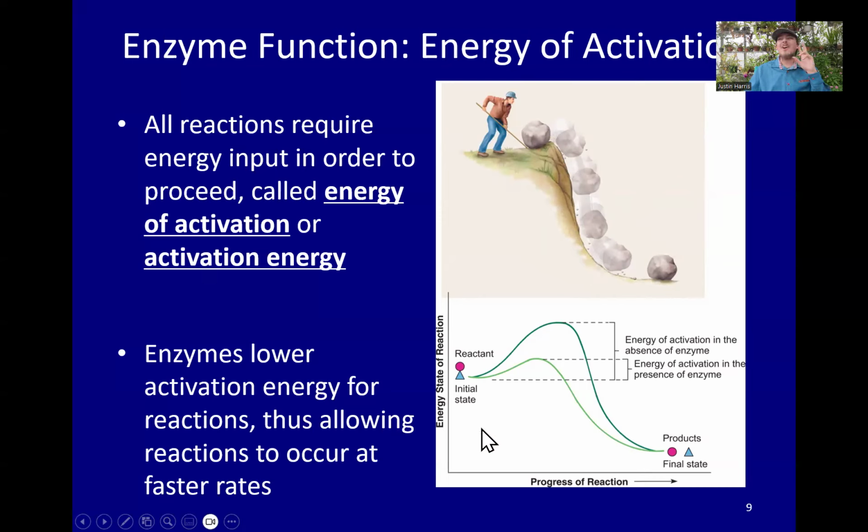And that difficulty, that resistance to the spontaneous flow of the reaction, is what's called activation energy. If we're looking at the state of energy in the reaction, going from the beginning to the end, you kind of have to kick start it, like we talked about earlier, with either ATP or light or some other chemical energy source. You have to kick start the reaction for it to actually get going.